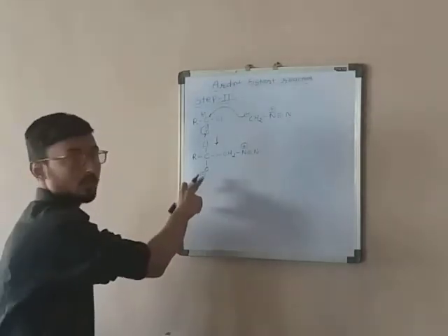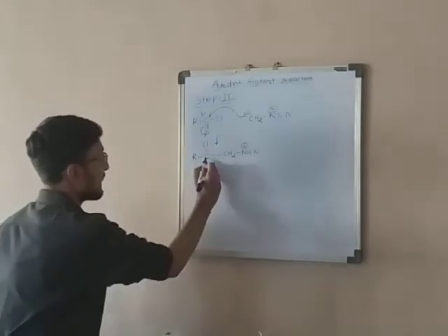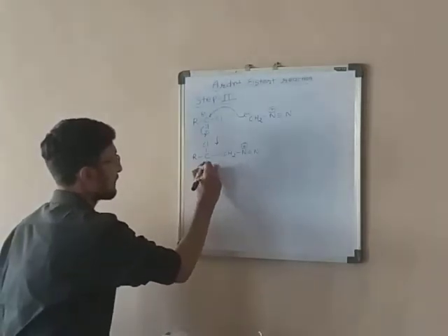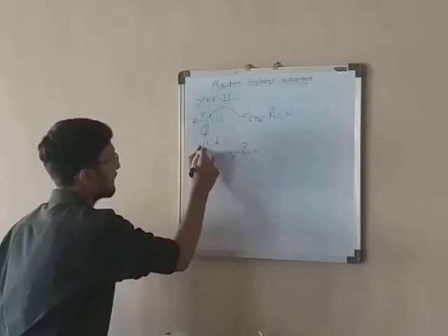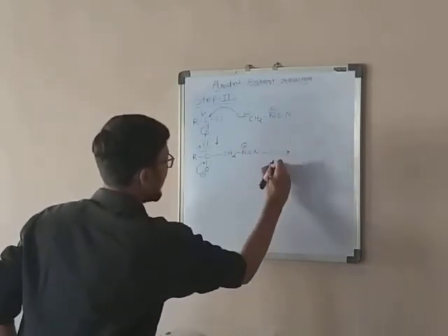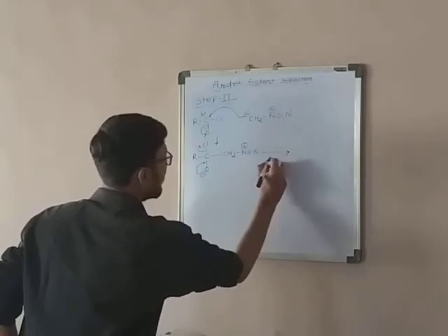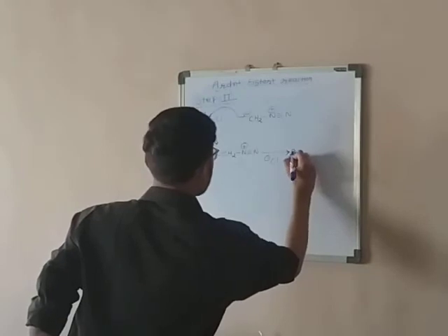It will try to form a double bond with this carbon. So this carbon will break a bond with this chlorine atom, and what will we obtain? We will lose a chlorine atom from this molecule, and we will obtain a new compound which will be like this.